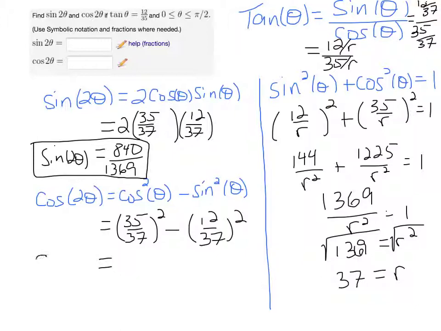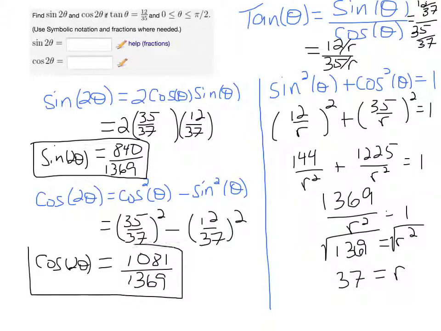And if we work the arithmetic out, we get that the cosine of 2 theta is 1081 over 1369. So hopefully I got these computations correct. I believe I did. And that is your solution. All right. Good luck.